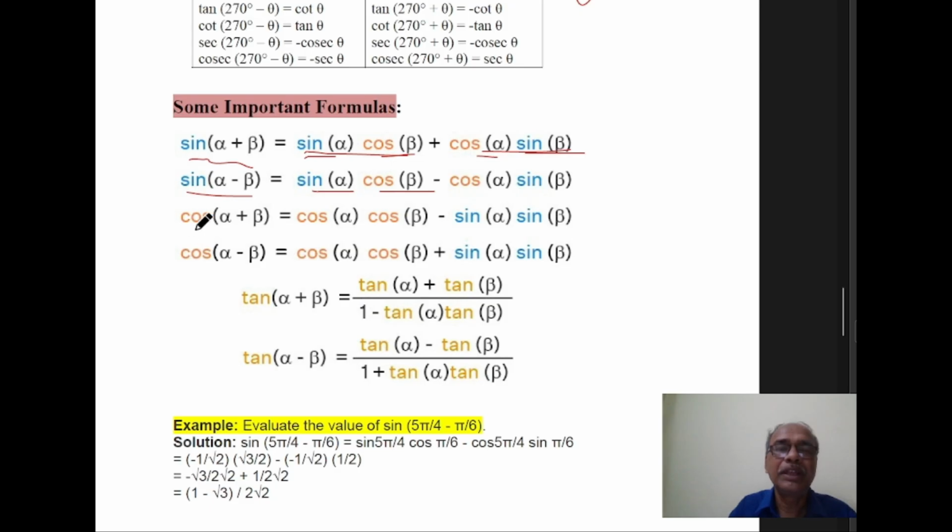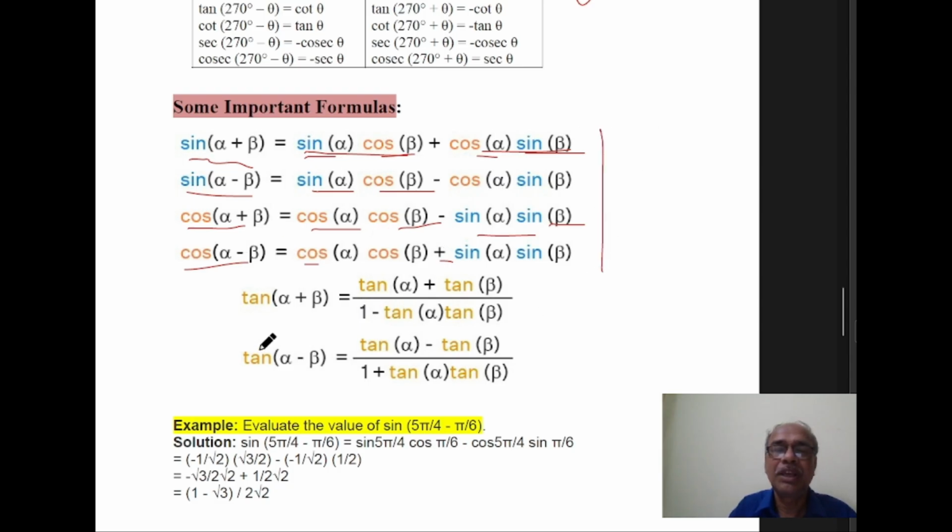And if you go to cos alpha plus beta, here all will be cos alpha cos beta minus sin alpha sin beta. Similarly, cos alpha minus beta equal to cos alpha cos beta plus sin alpha sin beta. So here when it is plus, it will be minus, when it is minus, it will be plus.